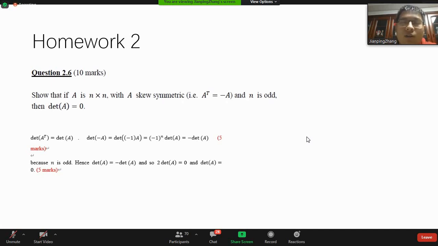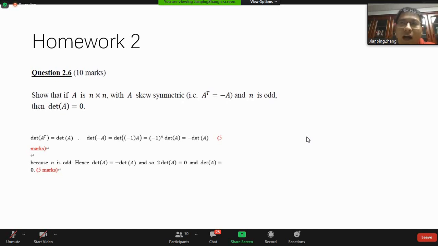So they are exactly the same. So the determinant stays the same. And after that, for the determinant of minus A, we add the negative sign on all the elements. So when we calculate the determinant, you imagine that all the values are negative.